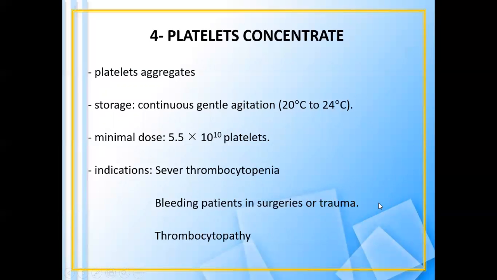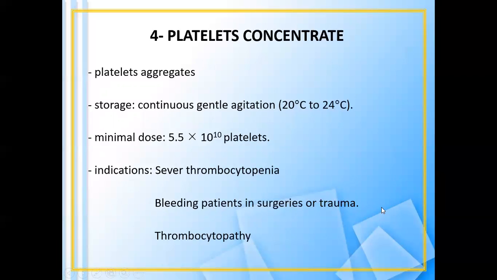Why does the patient need platelets as a concentrate? It can be used for severe thrombocytopenia. The patient who has a severe deficiency of platelets needs platelets, so they give them platelets as a concentrate.